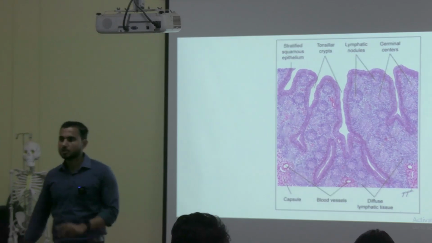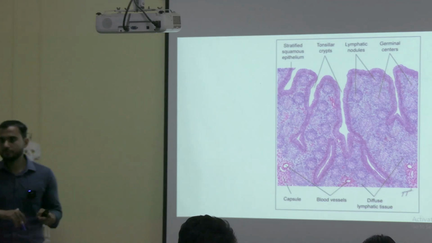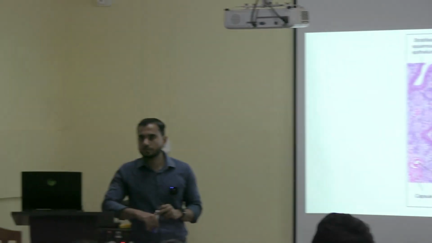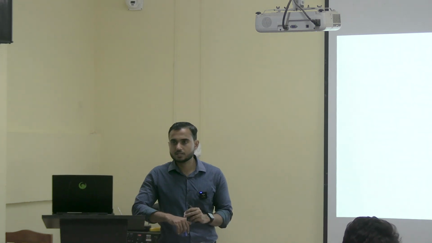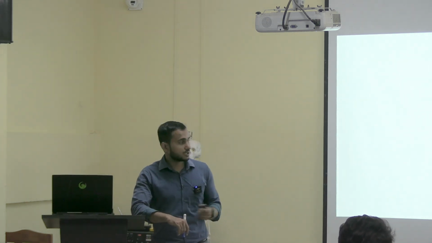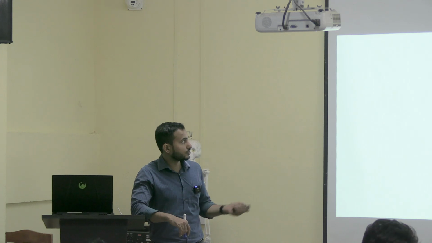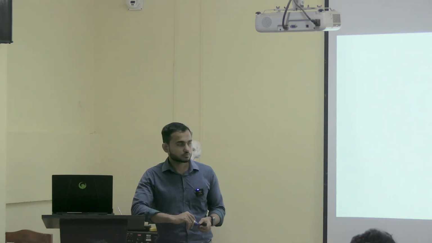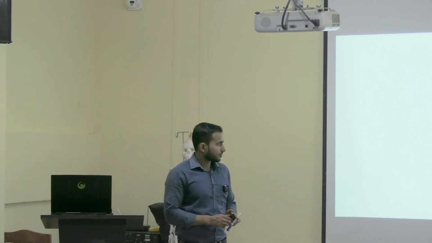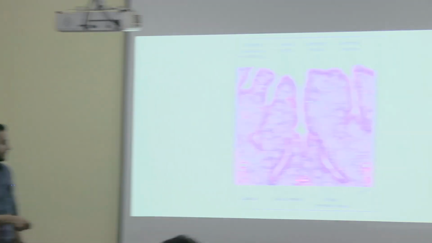Lymphatic follicles are also of two types, primary lymphatic follicles and secondary lymphatic follicles. In primary follicles there is no germinal center, and in secondary follicles there are germinal centers. And these lymphatic follicles are supported by reticular fibers, and along with that you can also see the blood vessels.